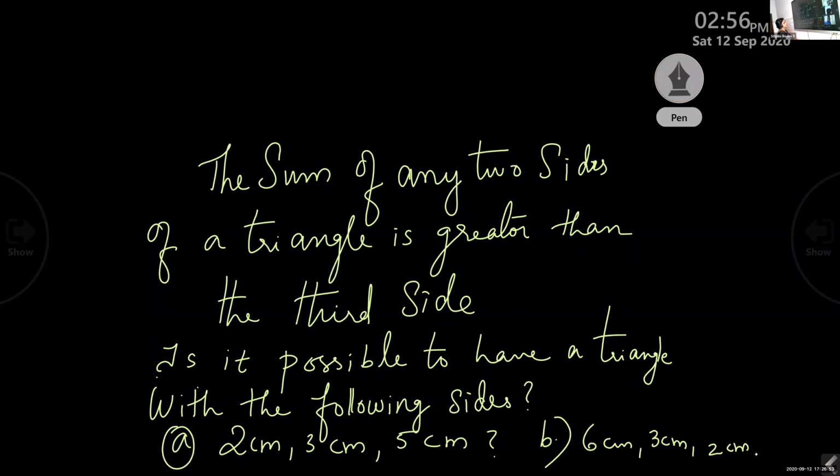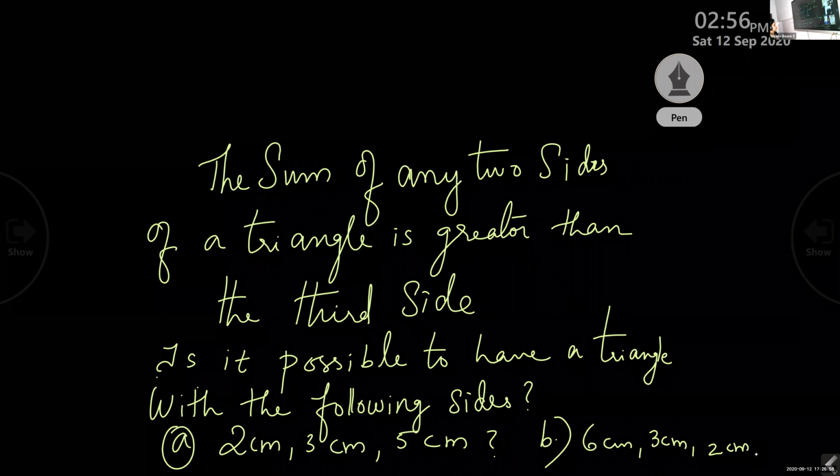A is 2 centimeter, 3 centimeter, and 5 centimeter. Is it possible? Sum of any two sides should be greater than the third side. Don't draw it now. You have to check with the theorem you have studied. That's all. No need to draw.